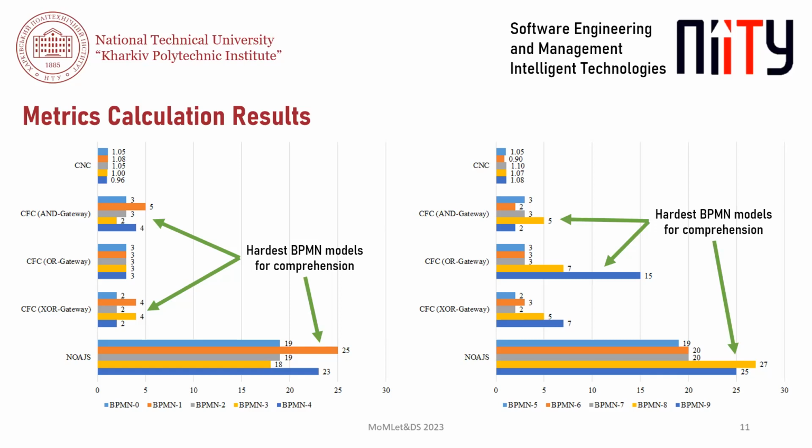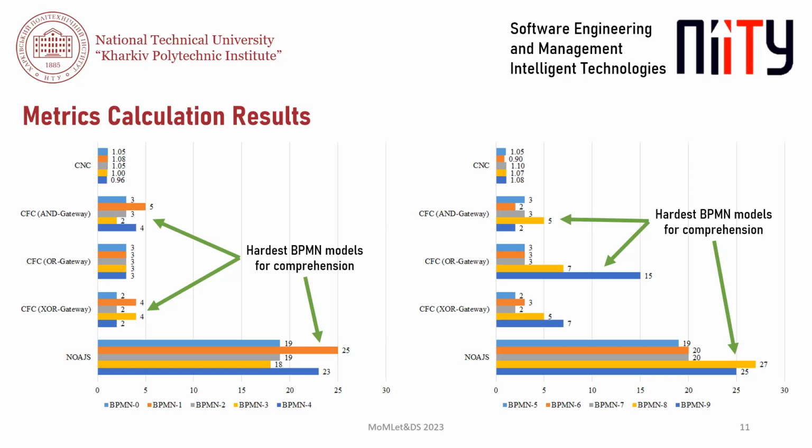And here we can see the hardest BPMN models for comprehension, which are the first model shown in the orange color, the third model shown in the yellow color, and the fourth model shown using blue color, and they are all represented as deviations within different metrics and within different models.